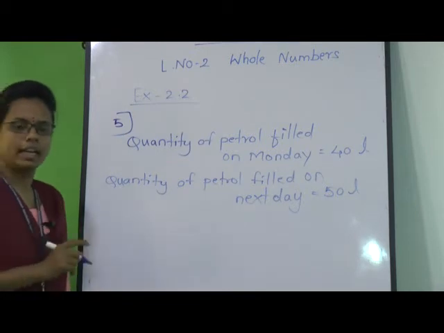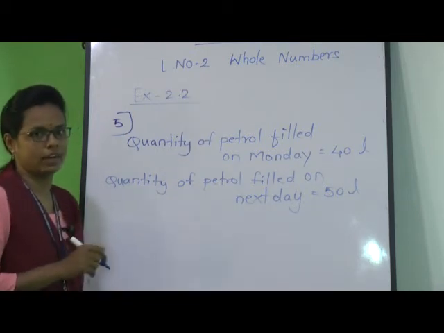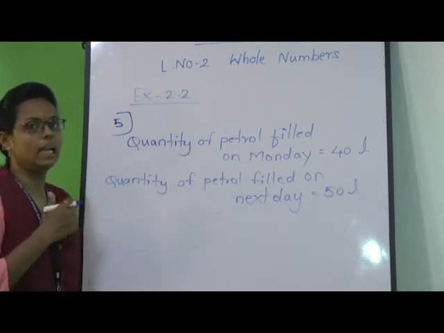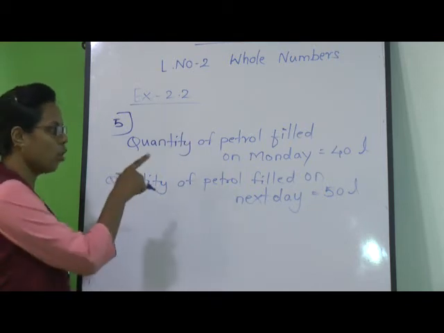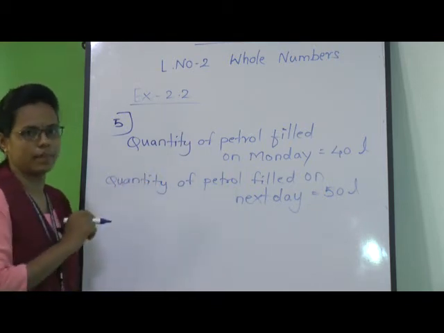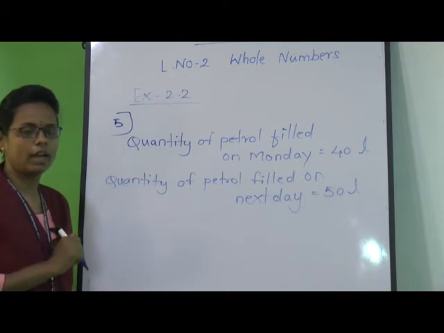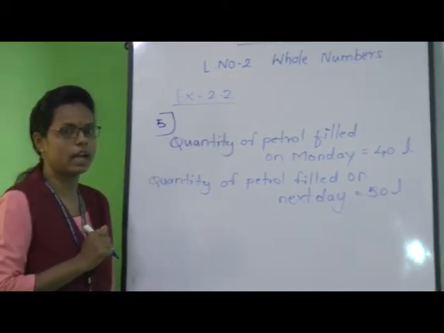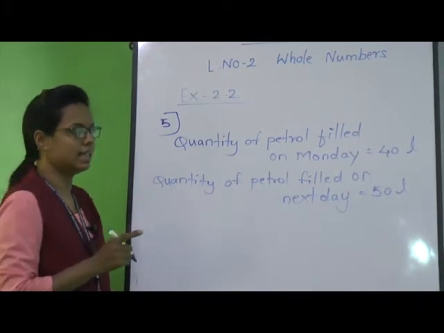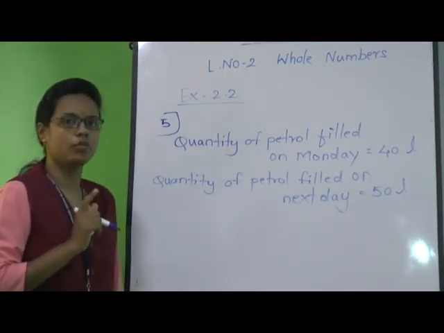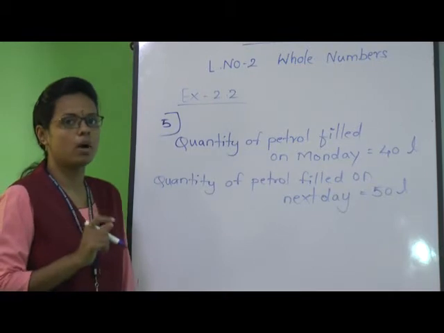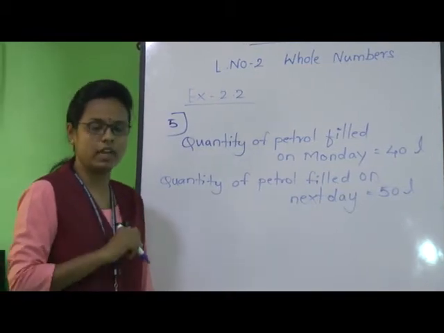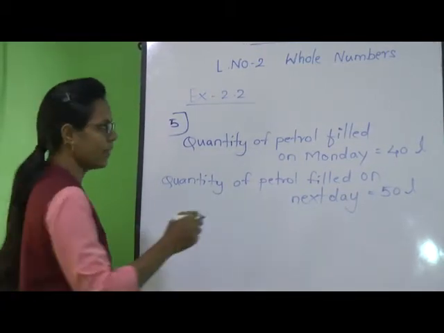Now, the rate of 1 liter of petrol is given. We have to find the total he spent on both Monday and Tuesday. So which operation are we going to carry out here? Yes, first of all, we have to find the total amount of petrol he filled on both days.